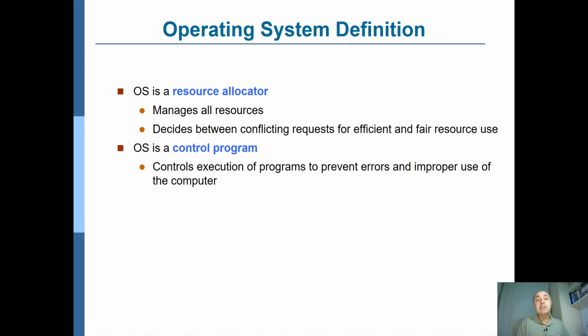Also, there could be improper use of the computer system, typically intentionally to cause harm, or maybe not to harm others, but at least to increase your use of the system in an unfair manner. So it also does this control, and it provides security, a very important concept, to make sure that one user is not able to access the resources of another user.